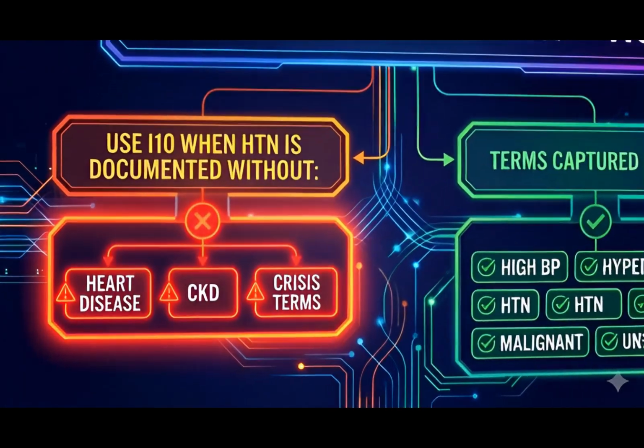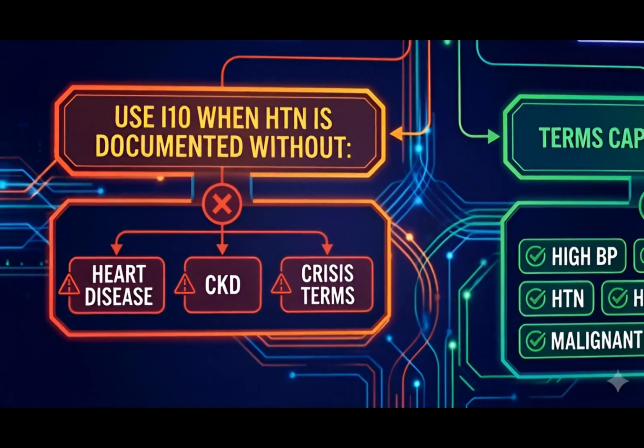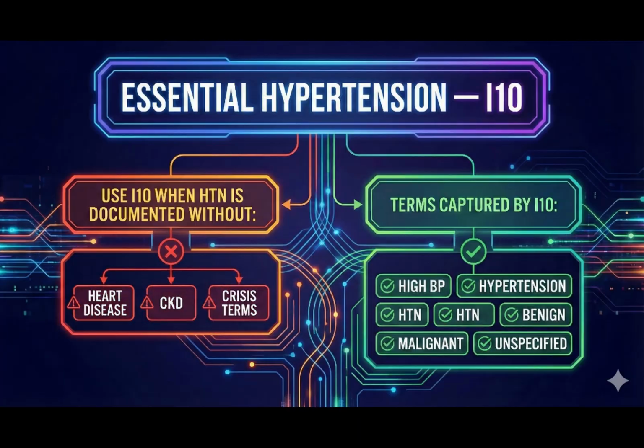Use I10 only when hypertension is documented without any type of heart disease, any stage of chronic kidney disease, or any hypertensive crisis terms like urgency or emergency. If any of these are present, we must move to the I11, I12, I13, or I16 categories. Now, what terms are automatically captured by I10?